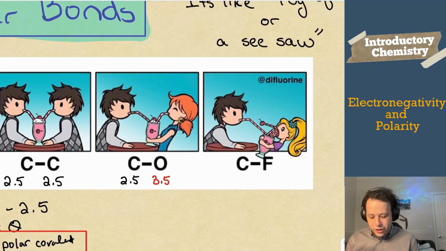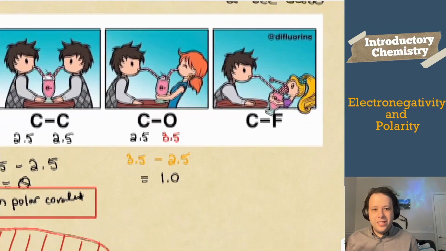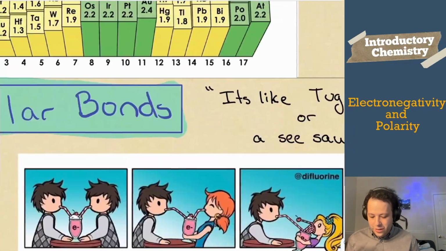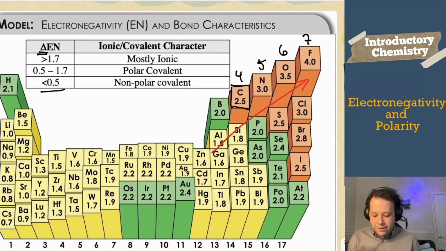To prove it, we take the bigger value, which is 3.5, and subtract the smaller value, 2.5, and we get a difference of 1.0. So if we look at our chart again, that falls right into the polar covalent area, meaning it's uneven and most of it is going towards oxygen in this case.